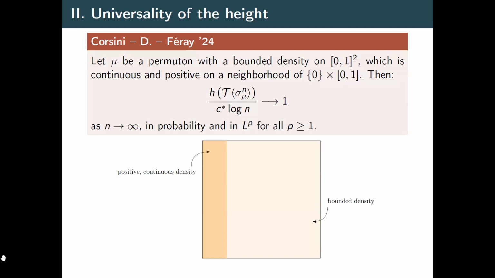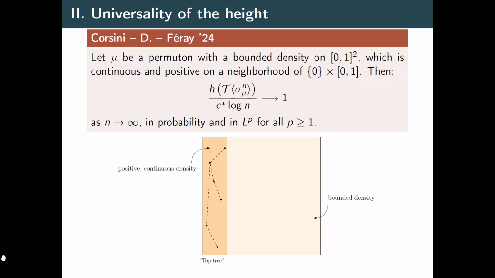So what does it look like? Well, this is the unit square. On all of the unit square, there's a density which is bounded, so it's at least a bit nice. And close to the left edge it is positive and continuous, so it's very nice. When you sample random points using the permuton, some of those points will appear on the left band here.